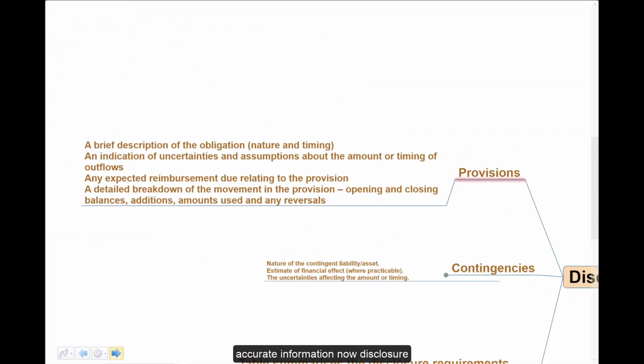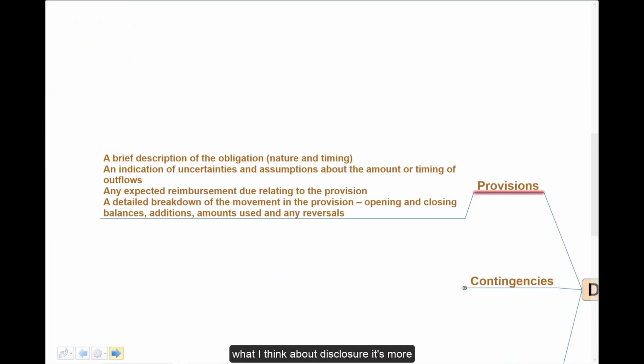Now, disclosure requirements in this area, again, you know what I think about disclosure. It's more a question of, well, what do we not include in this area of disclosure for IAS 37? So for provisions, you'll see really just about everything. A description, any detail that we have on uncertainties or assumptions about timing or amount.